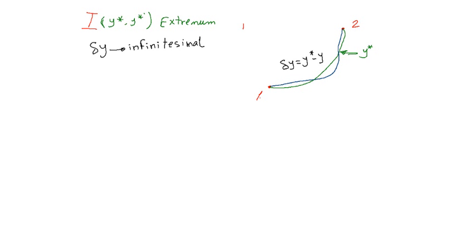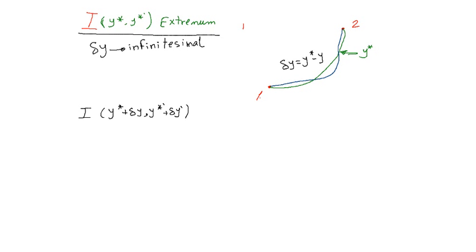So what will happen to I this time? So this is an extremum, I of y star, y star prime. However, what will happen when we evaluate I at y star plus delta y, and at y star prime plus delta y prime also?